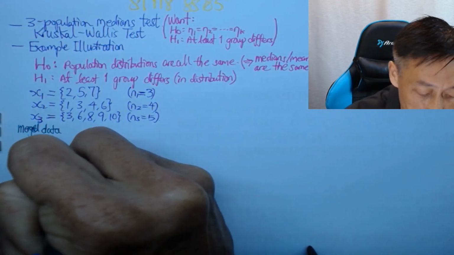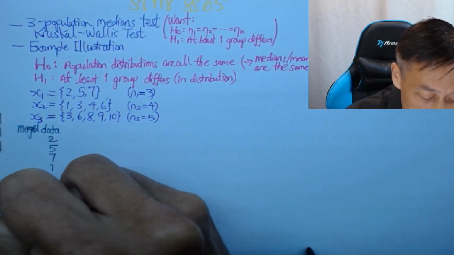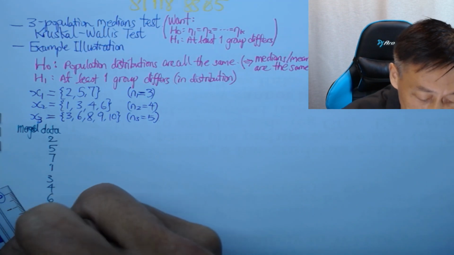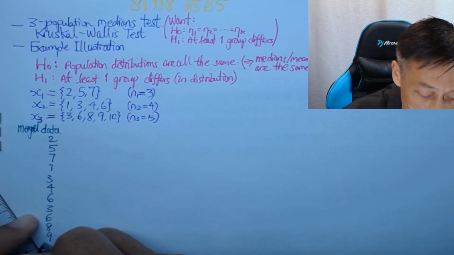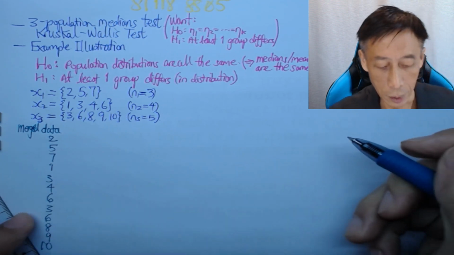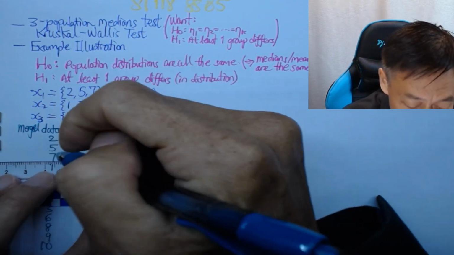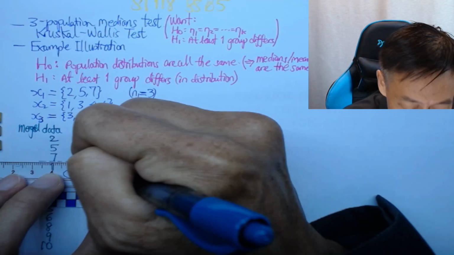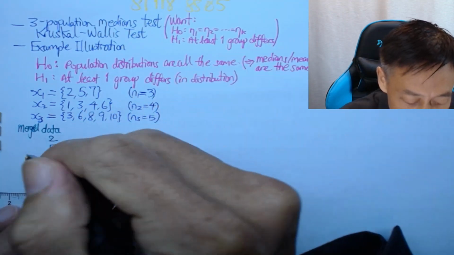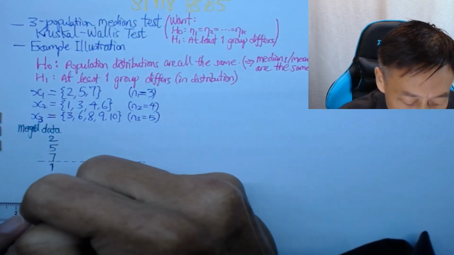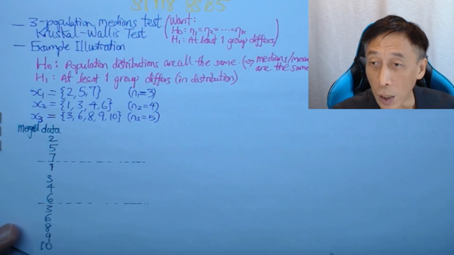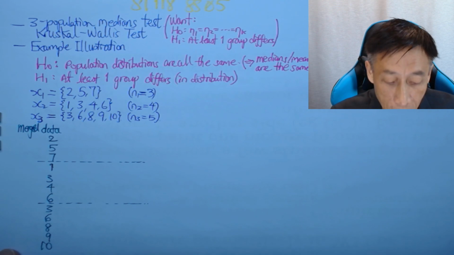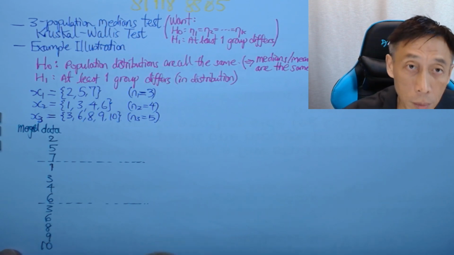So we have 1, 3, 4, 6, 3, 8, 9, 10. Now, of course, we can delineate with some helping markers to tell us they are from different samples. Once we have merged them, we can perform ranking.